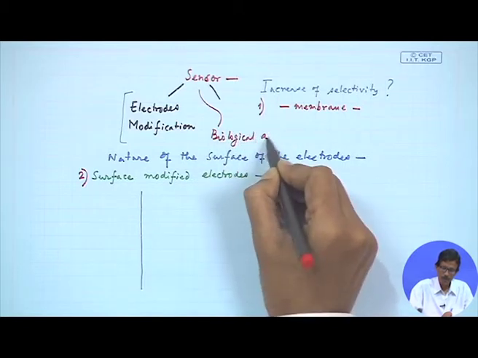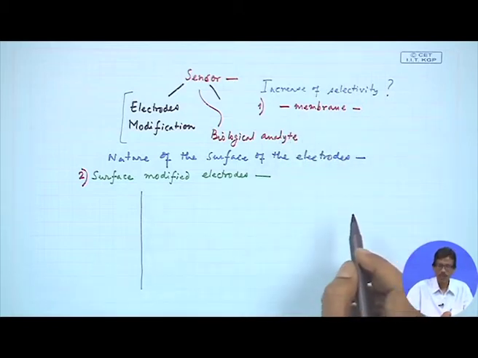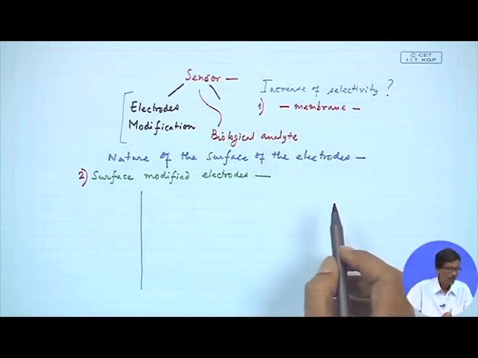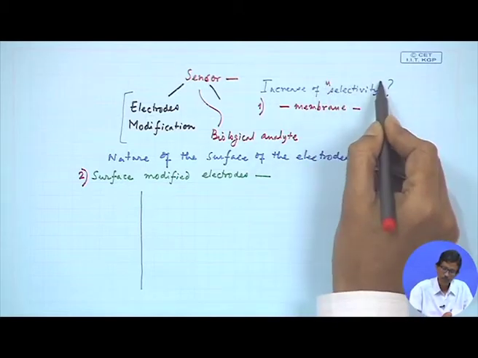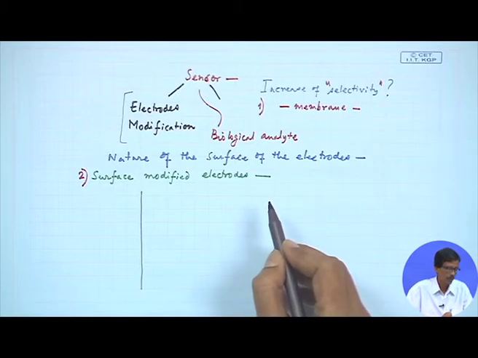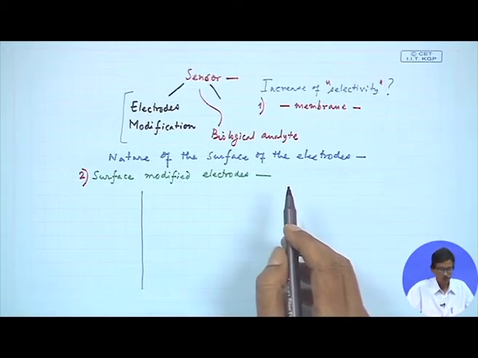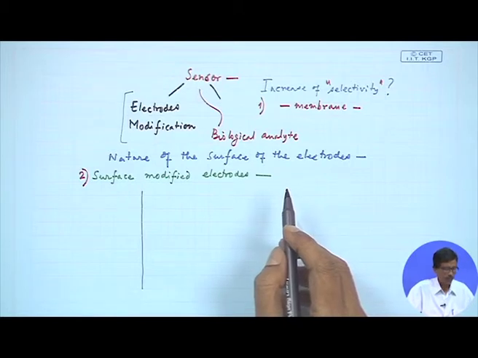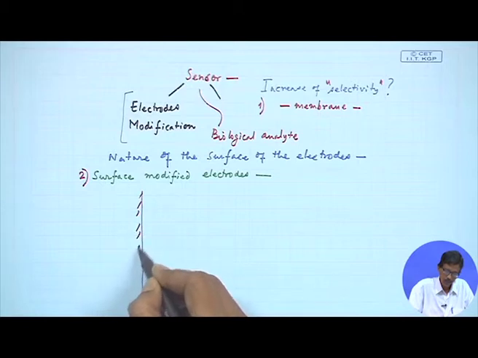How we handle those biological analytes, we will see. A biological analyte should have good selectivity in terms of its reaction with the electrode. So, we get that modification on the electrode surface.